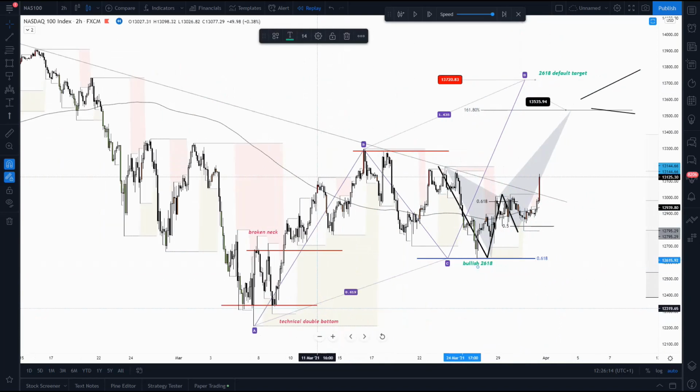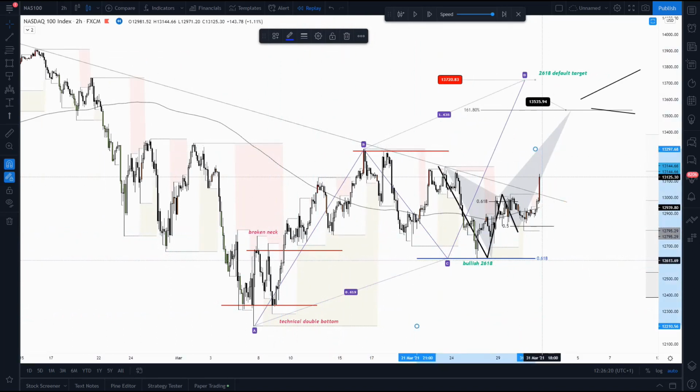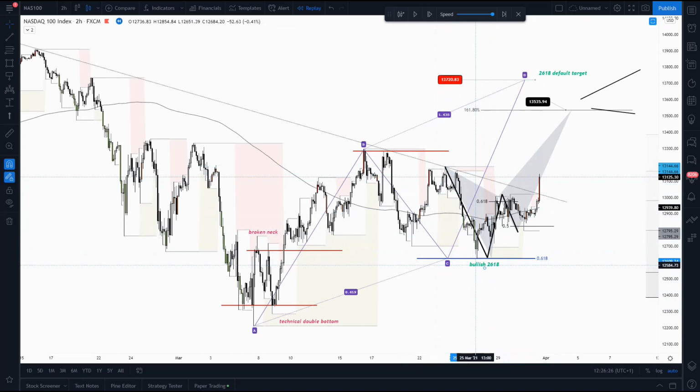So we have a technical double bottom confirmed by the broken neckline resistance and a retracement back to the 61.8% Fibonacci retracement level. That forms the bullish 2618 trade setup, and that setup will target the formation of one ABCD, kind of a symmetrical ABCD pattern.